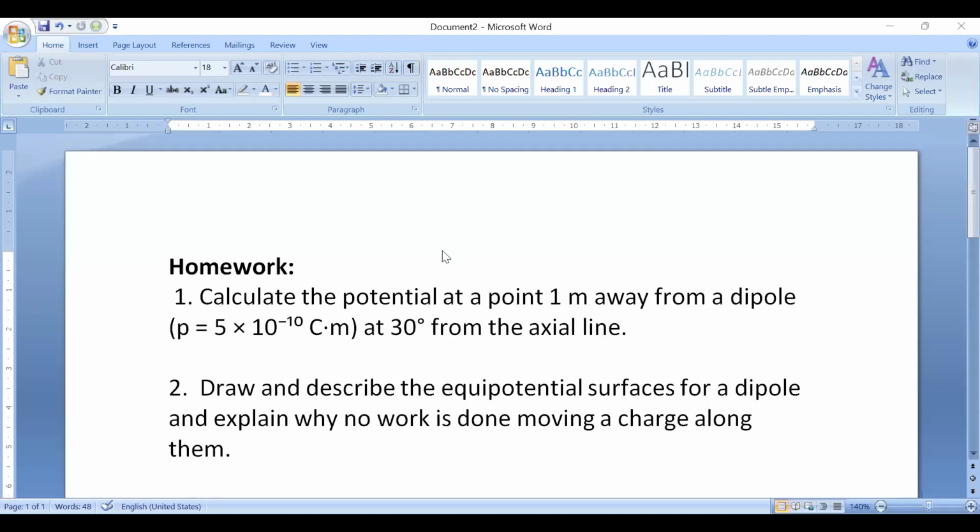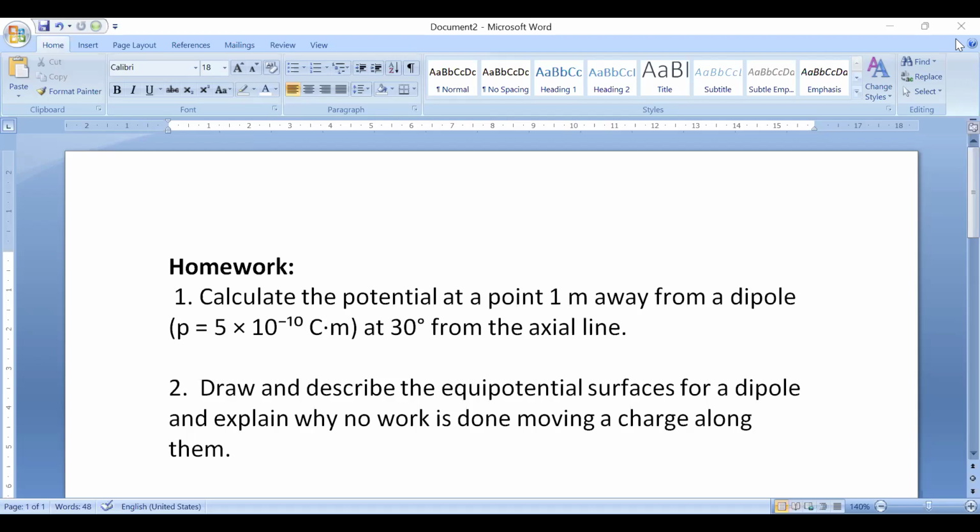Please note it down. Two important questions regarding your homework. First question: calculate the potential at a point 1 meter away from the dipole, P is equal to 10 power minus 10 coulomb meter, at 30 degrees from the axial line. Second question: draw and describe the equipotential surface of a dipole and explain why no work is done moving a charge along them.